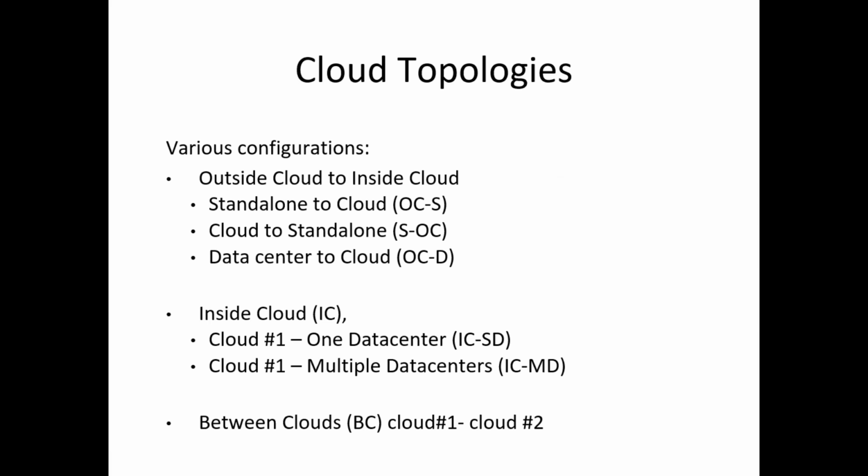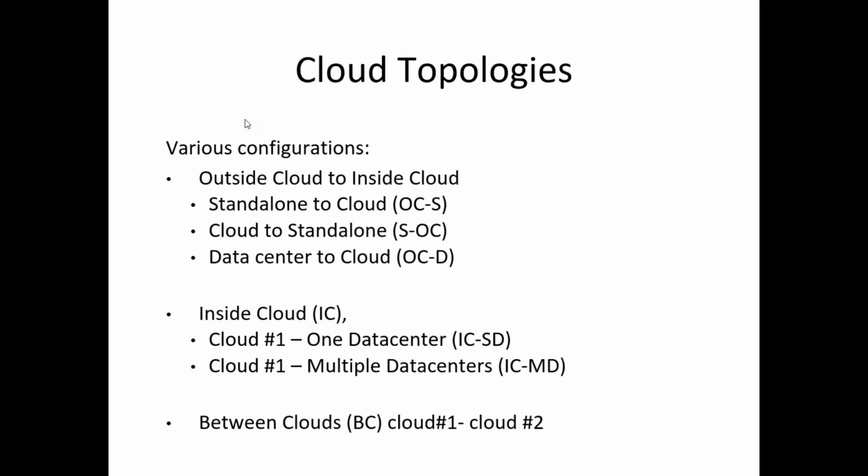So let's talk about cloud topologies, though. That is the focus of this particular presentation. And in fact, we'll probably do multiple presentations along this area. So when you talk about cloud topologies, there's a number of different ways that you can interact with the cloud. So let's start with a simple one.